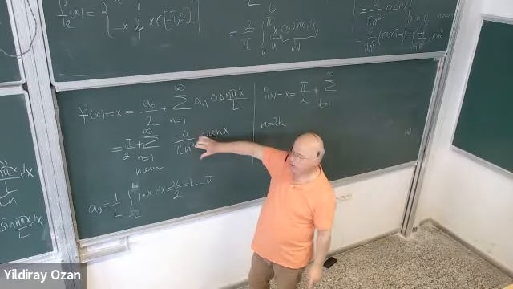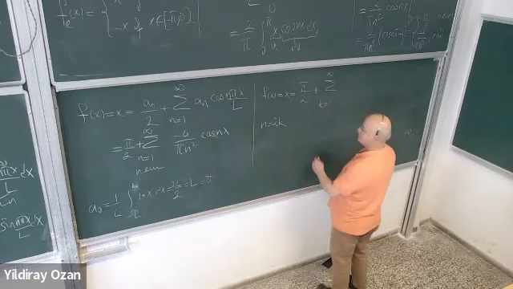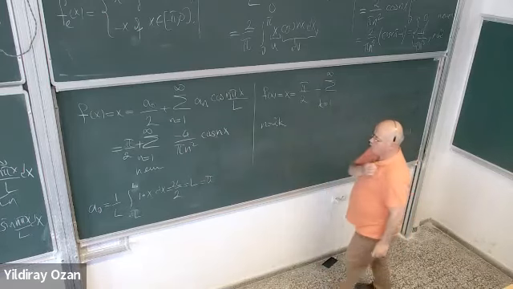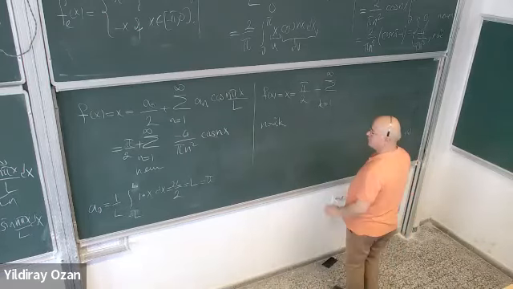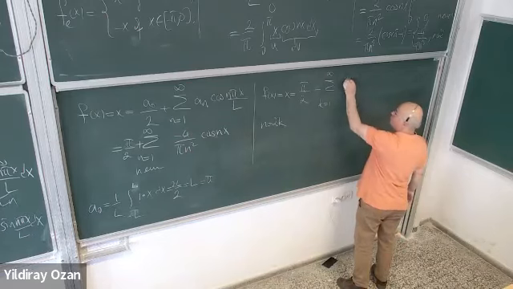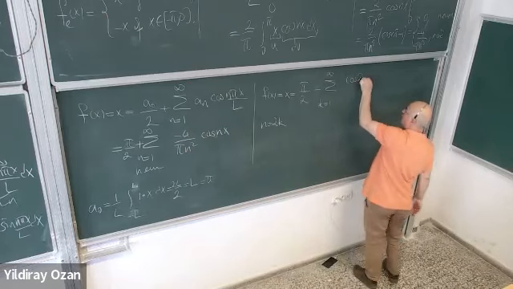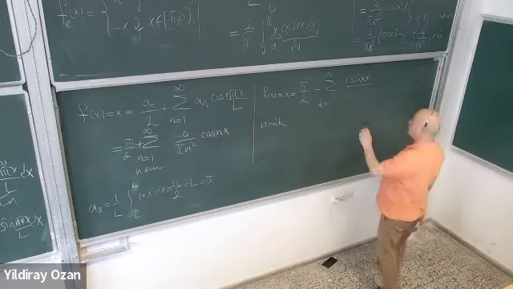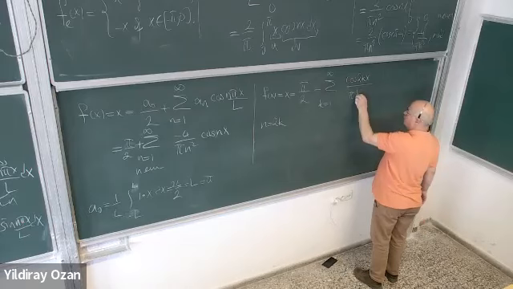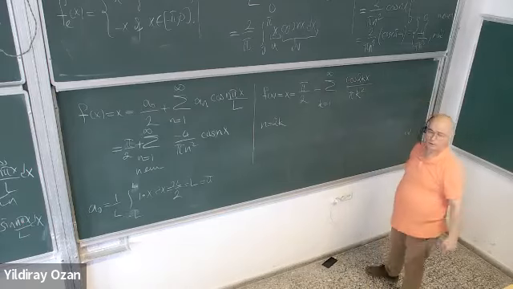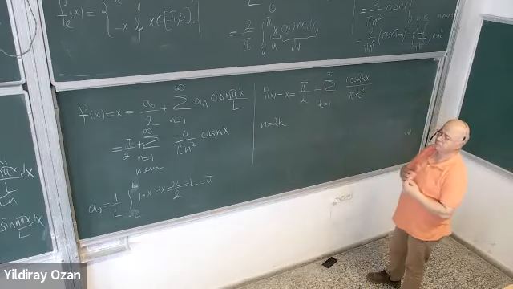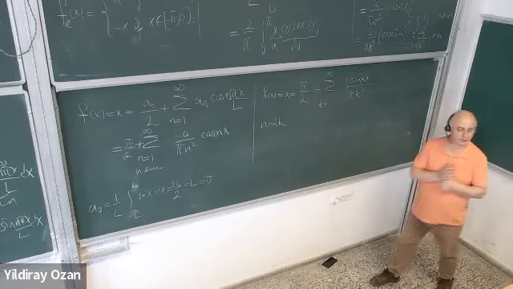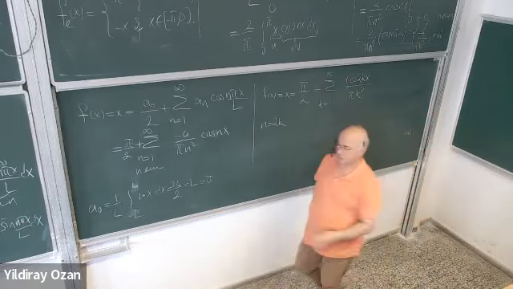The 4's are gone, so I have just a minus sign. So let me put the minus sign outside. So I get cosine 2kx divided by pi times k squared. Okay? Any questions? Okay.